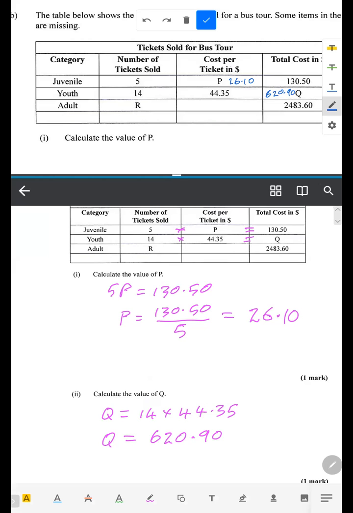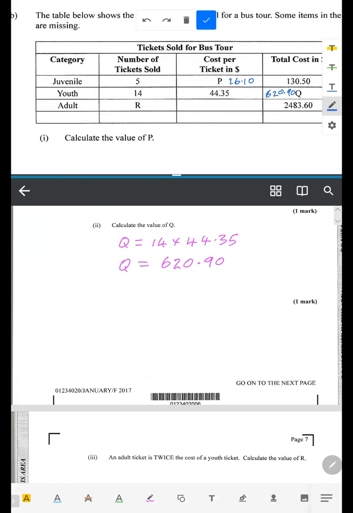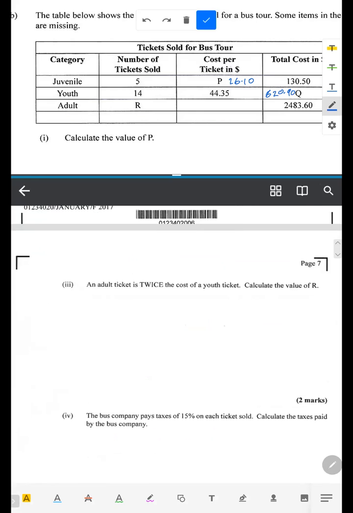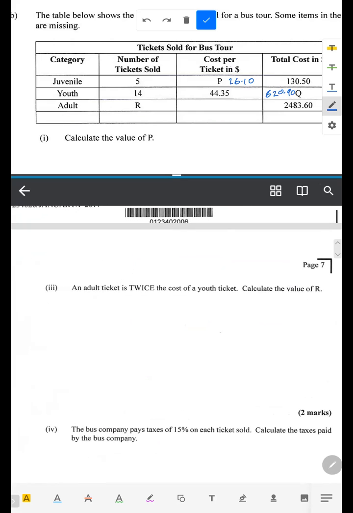Okay, so I'm moving up to the next part. So we're back up to here now. The question now says an adult ticket. So these are the adult tickets up here. An adult ticket is actually now twice the cost of the youth tickets, and these are the youth tickets. And adult ticket is twice.